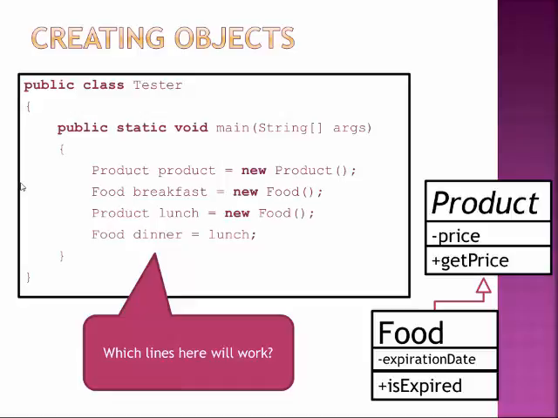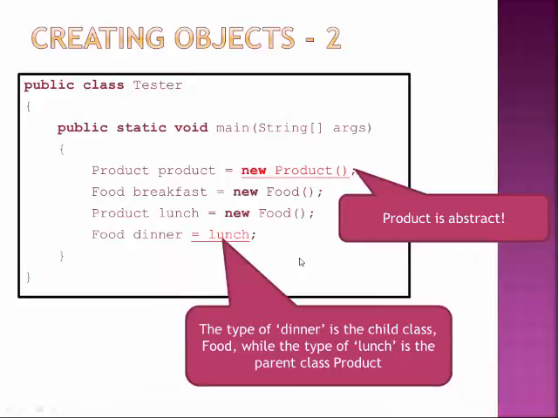So can dinner food be equal to lunch? That's an interesting question. I know, looking at this line of code here, that lunch is equal to new food. But lunch, as a variable, is a product. So can I take food and assign it a value that is stored in a product? Well, no, I can't. So the first line of code doesn't work. That product is abstract, like I said.